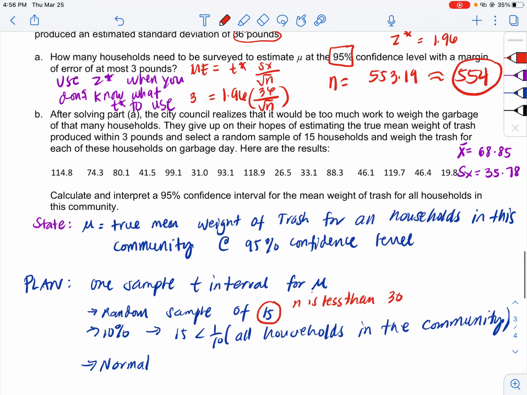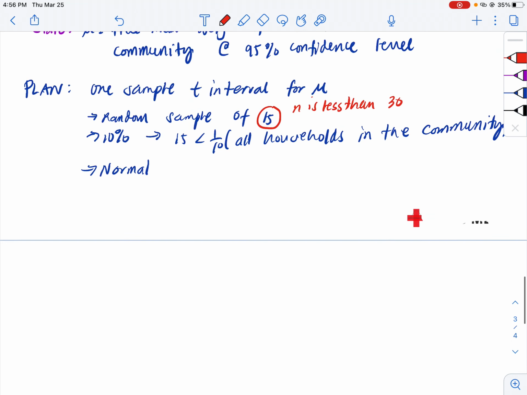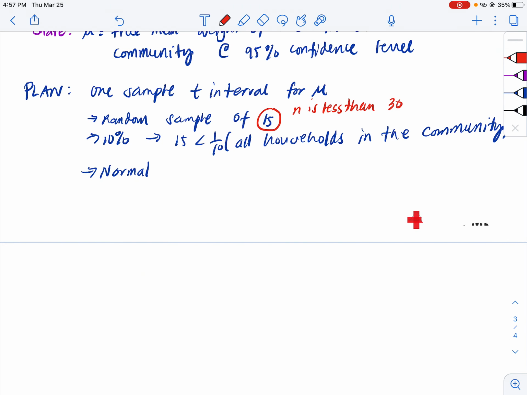So we are going to do number 3: the sample shows no strong skew or outliers. Because our graph is not given, we have to make a dot plot on our own.